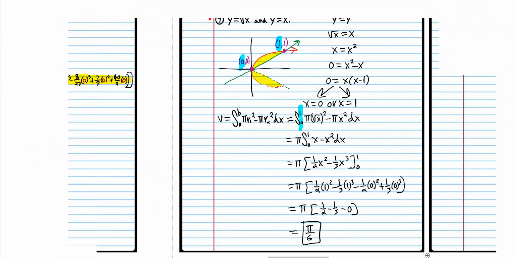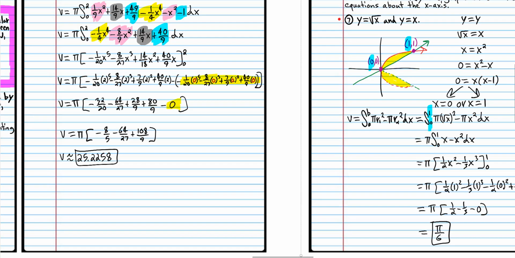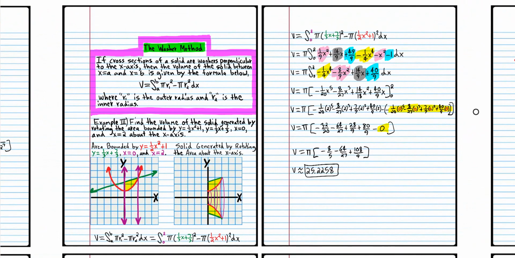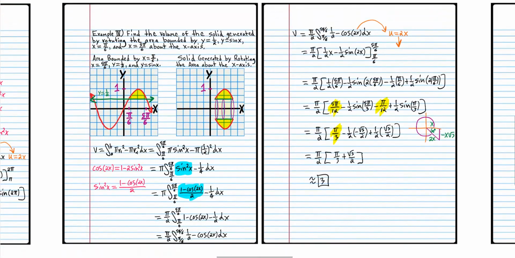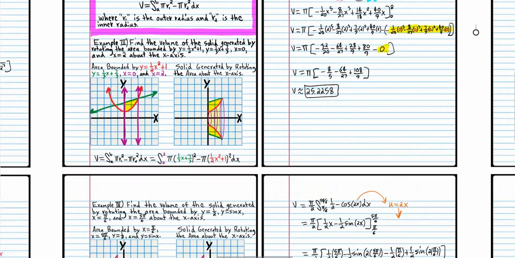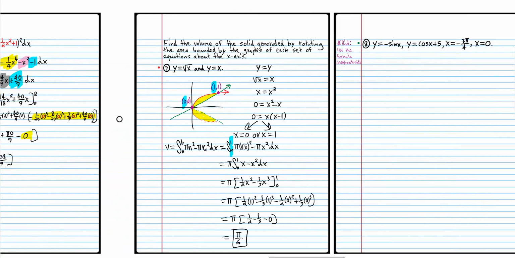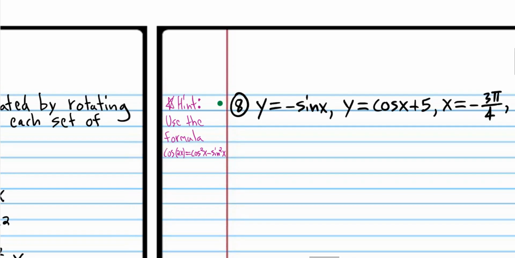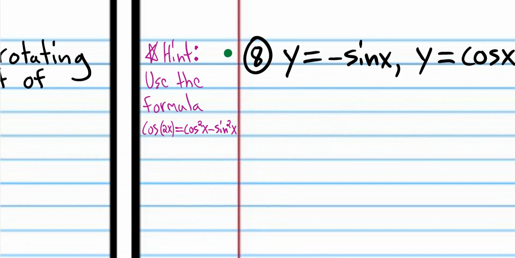Okay, so I want you to try the next problem. You can get a picture of example 3 and also example 4. So attempt number 8, but be aware that this cosine double angle formula will be very useful.